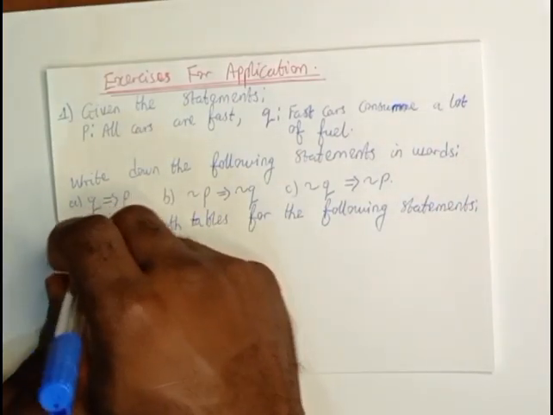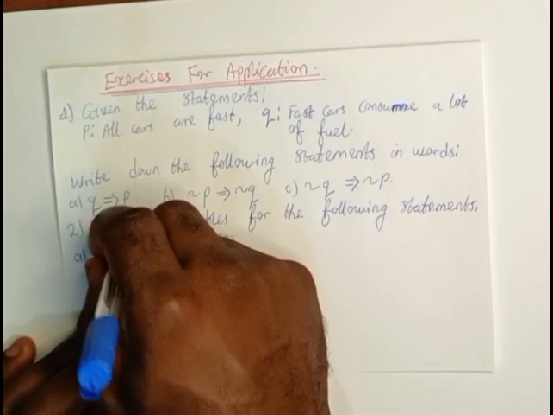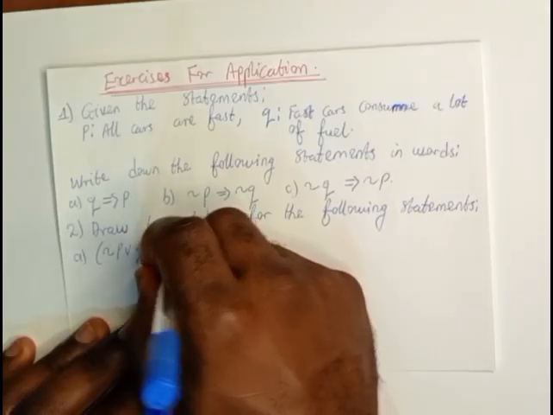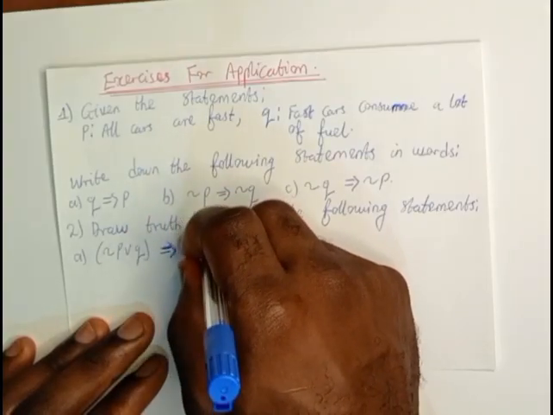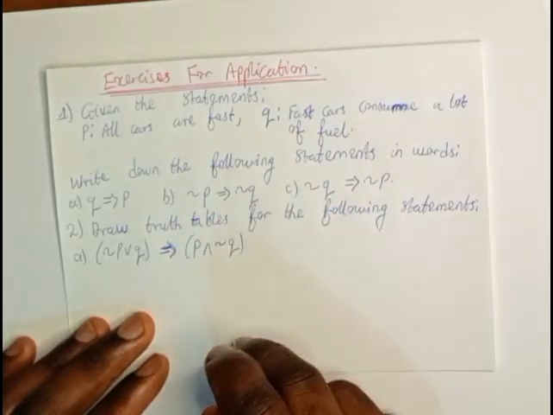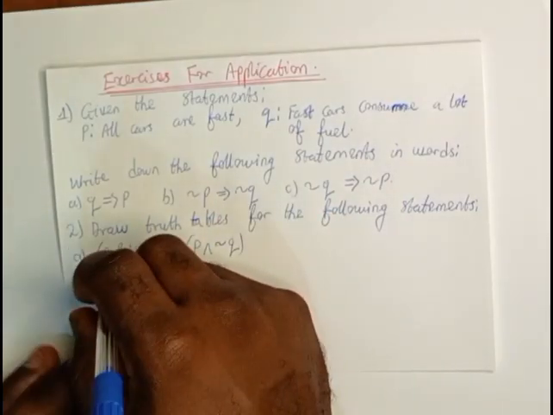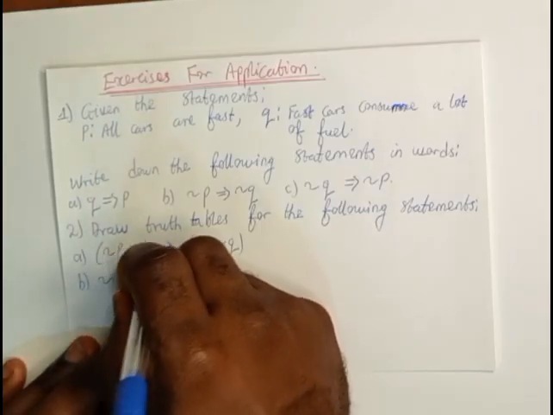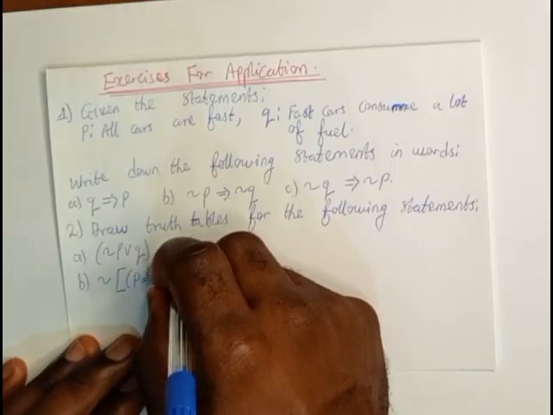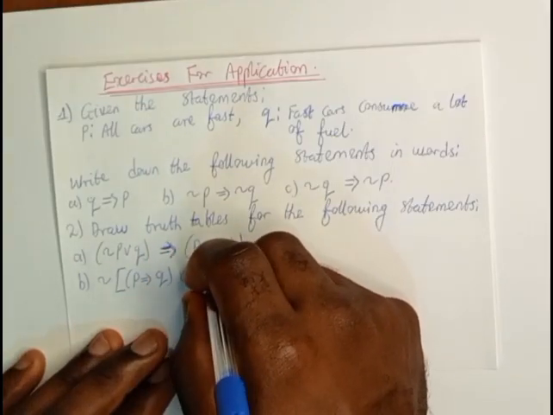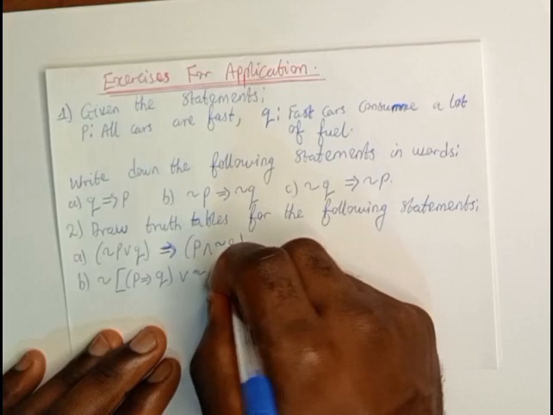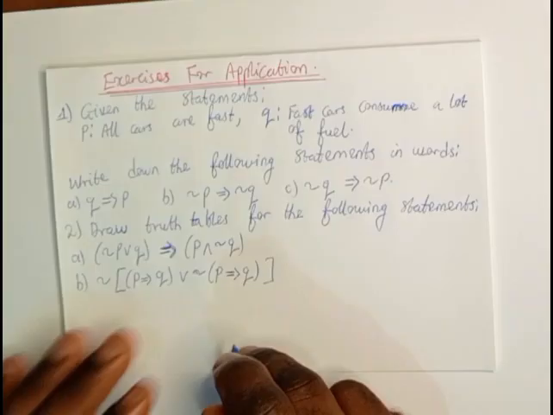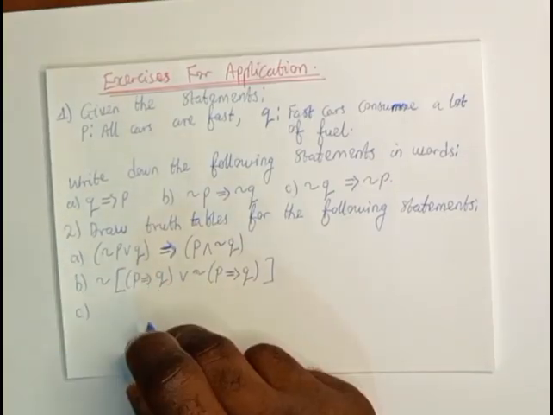The first one, A, we have not P implying P and not Q. For B, we have negation of P implies Q, or not P implies Q as such.